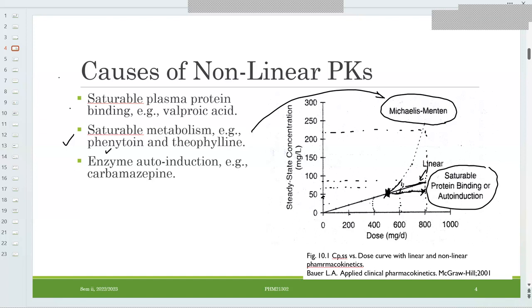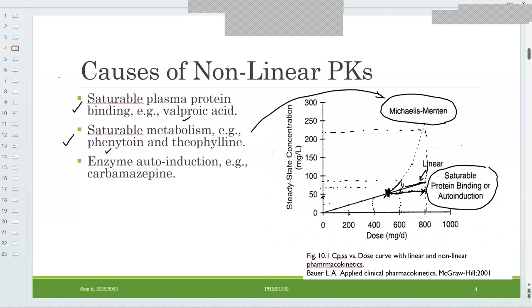So saturable plasma protein binding, this one in the case of valproic acid, for example. Valproic acid is highly protein bound. So before the proteins of plasma are saturated, the percentage bound is the same and the pharmacokinetics are linear. But after saturation, what happens?